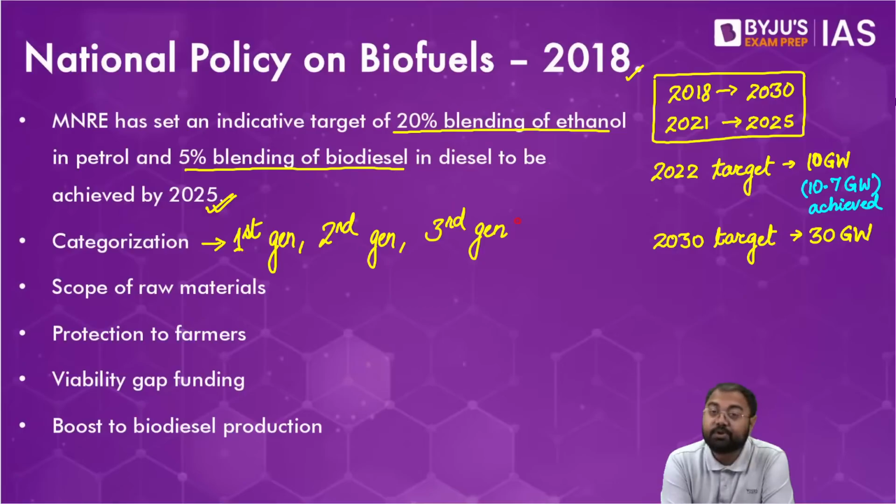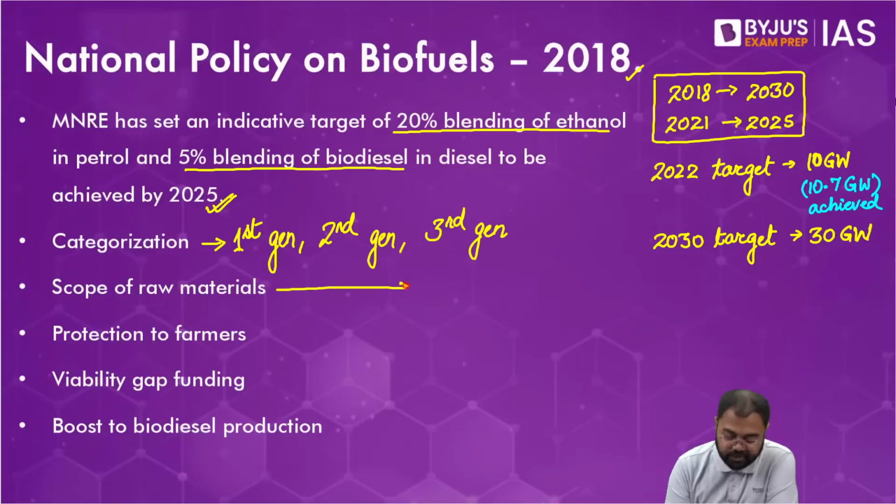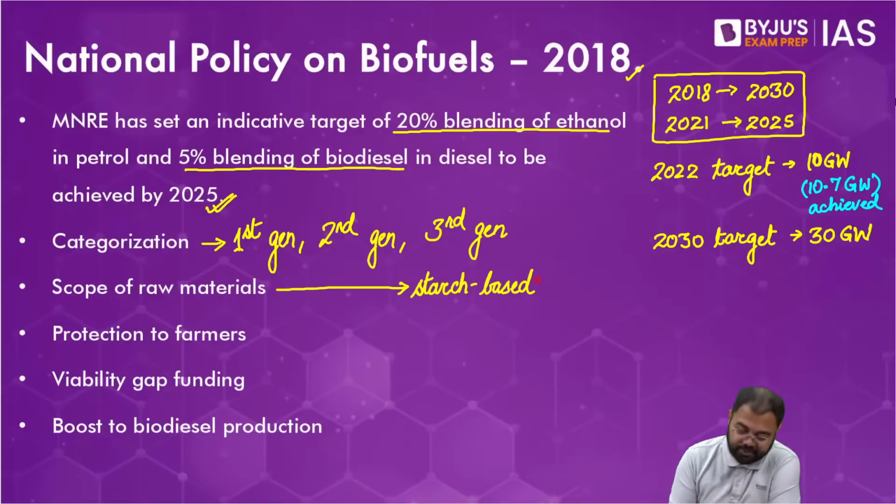Similarly, the scope of raw material has been defined, meaning what kind of raw material we are allowed to use, that also has been defined this time. So, for example, they have defined starch based raw material.